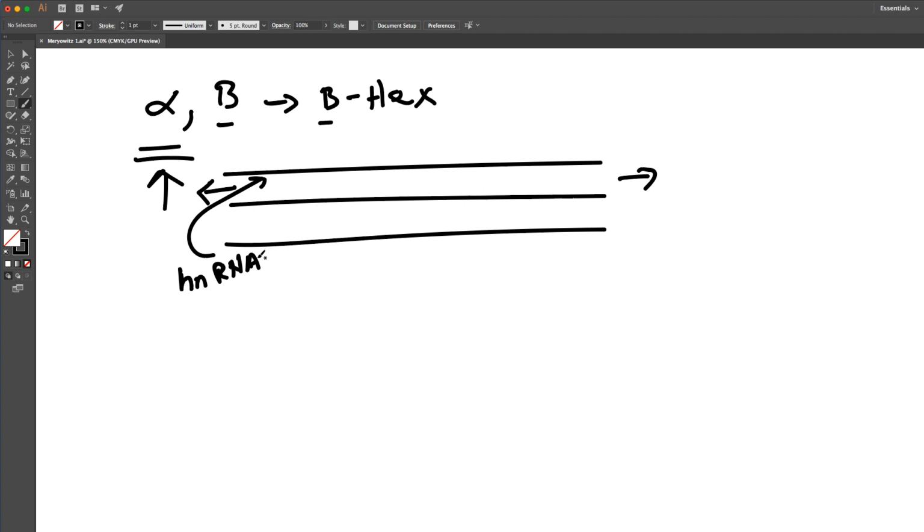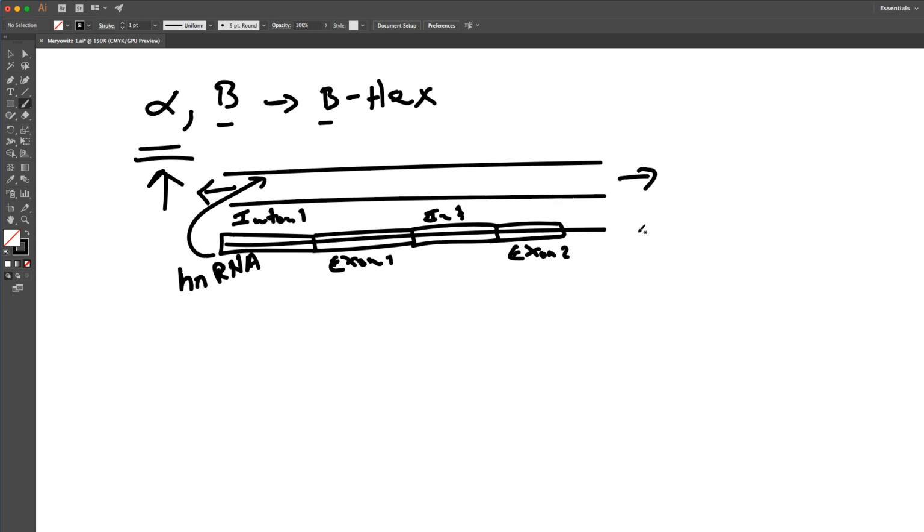heteronuclear RNA contains both introns and exons. So one region, like this region here, might be an intron, which is an intervening sequence, intron 1. And then you have a region that is an exon, and then another intron, and an exon 2, and so on.